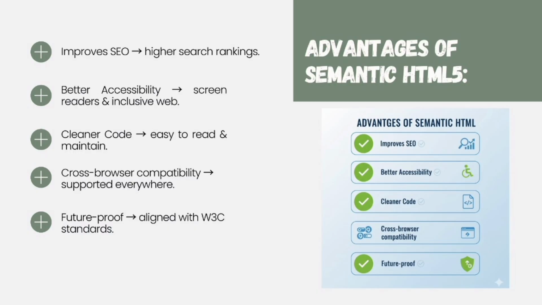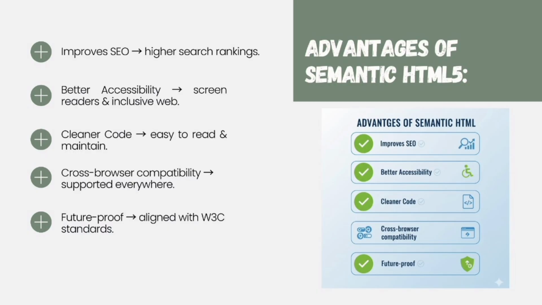Fifth and the last, future proof. By sticking to standards, your code remains relevant and less likely to break with future web updates. These advantages are non negotiable in the modern web development landscape. They transform your HTML5 from a generic container into a meaningful document.